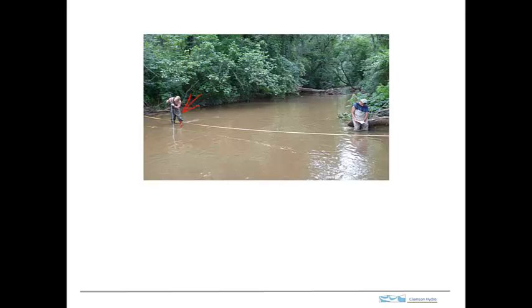The stream has been divided up into various increments, and so we're getting the average velocity within that cross-sectional area. We get the average depth, and we get the width. Okay, and so make that measurement, and then move on to the next width increment.